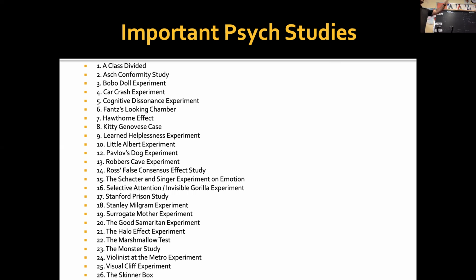You can choose from this list of 26 different psychological experiments. I want to make sure that everybody's not doing the same one. If you're working with a partner, that's fine. Whenever you find an experiment, just let me know which one you're going to pick, and we'll move on from there.